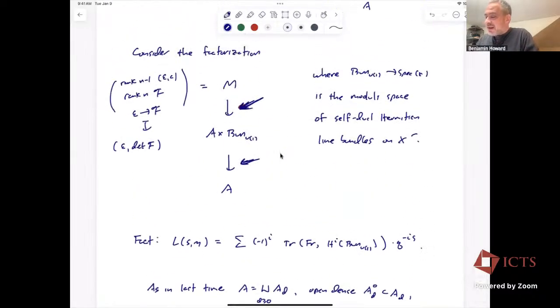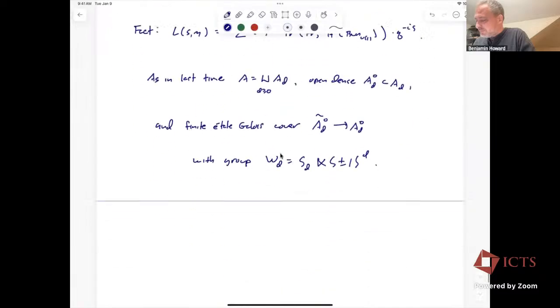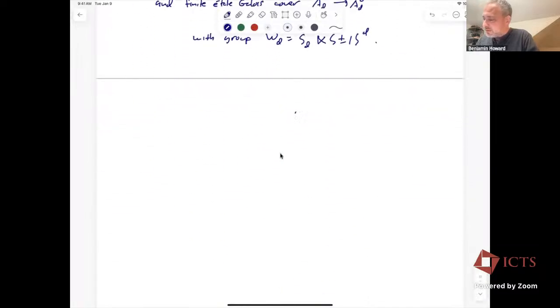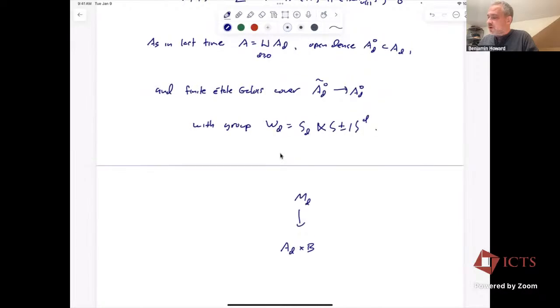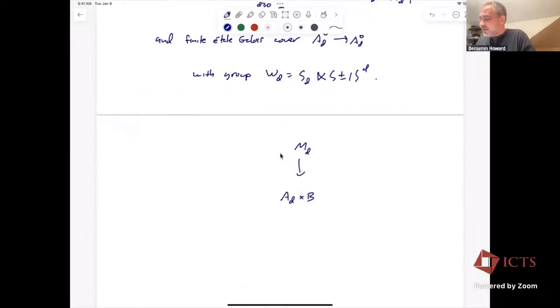This top map, so we've got M mapping down. So now let's just restrict to this open and closed part of A indexed by D. And let's pull it all the way back. So let's restrict to the regular semi-simple locus and then pull it back to this Galois cover.